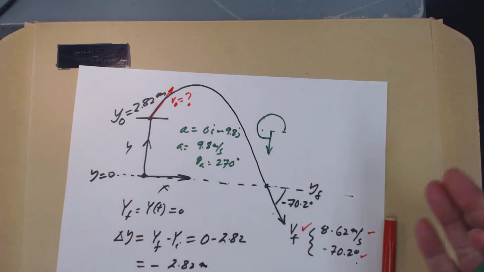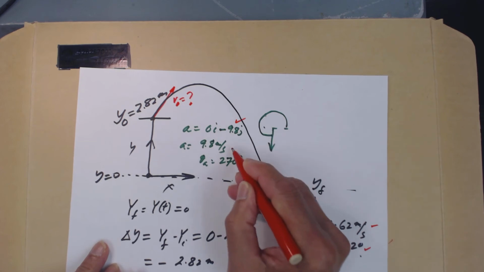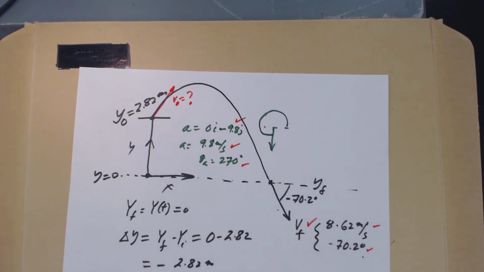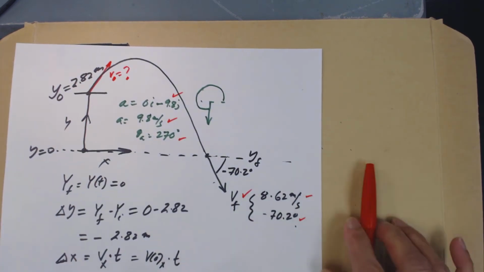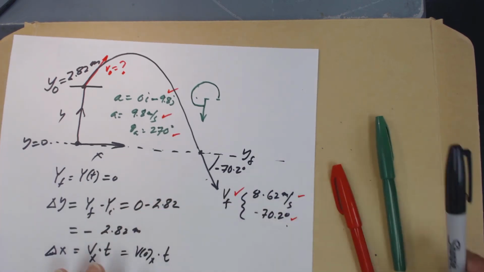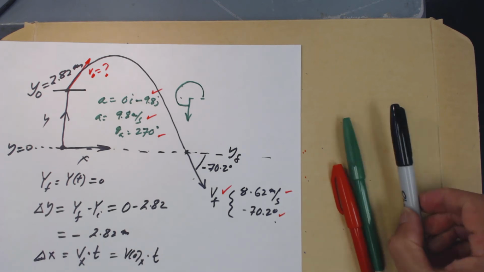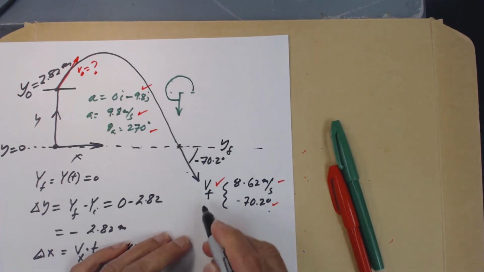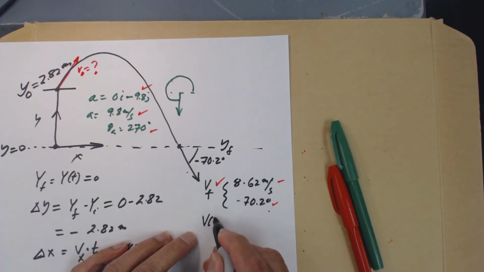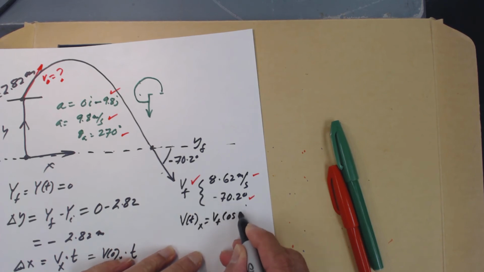Okay, so I'm just setting this up. These are the things we know. Now come here. VF is given, so I want to find out what is Vx. So Vx at final time t equals Vf times cosine theta.